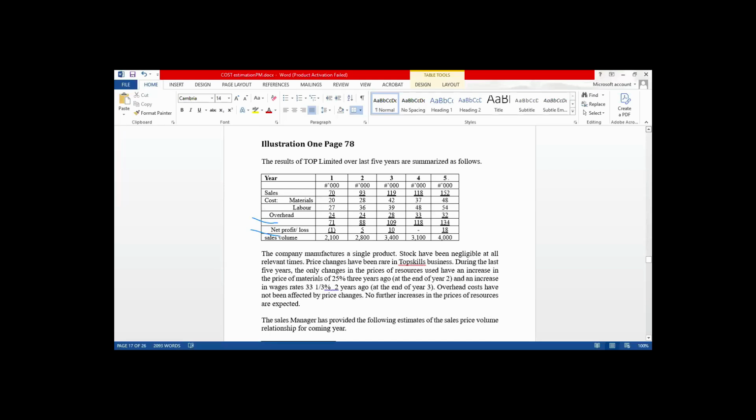The company manufactures a single product. Stocks have been negligible at all relevant times. Price changes have been rare in Topsky's business.